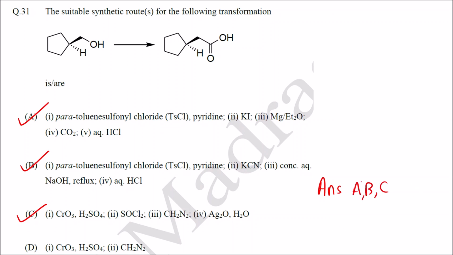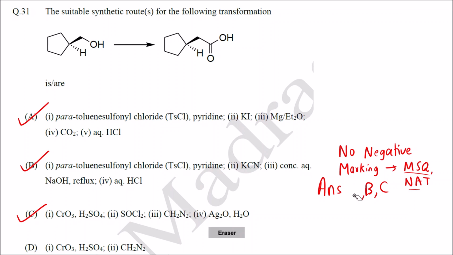Okay, so if you miss any one of the options, then you will not get any marks. Okay, there is no negative marking in MSQ. No negative marking in both the sections, in MSQ as well as in NAT. But your answer has to be correct, or you have to select all the three options A, B and C. Okay, suppose you mark A and B, you missed C, incorrect.